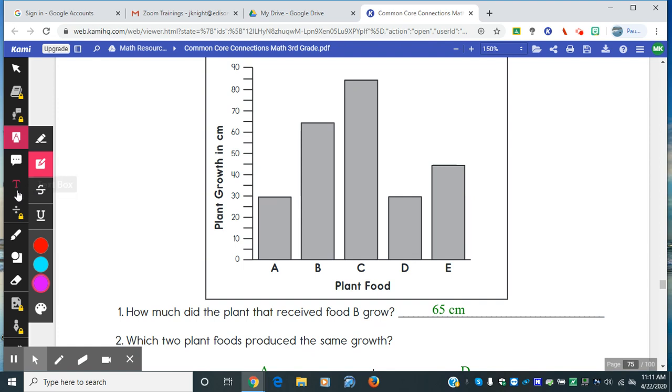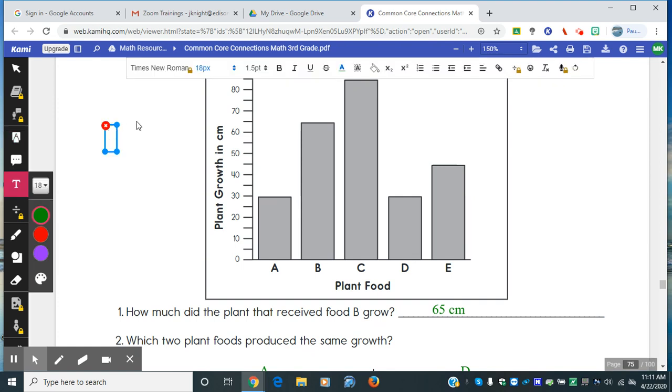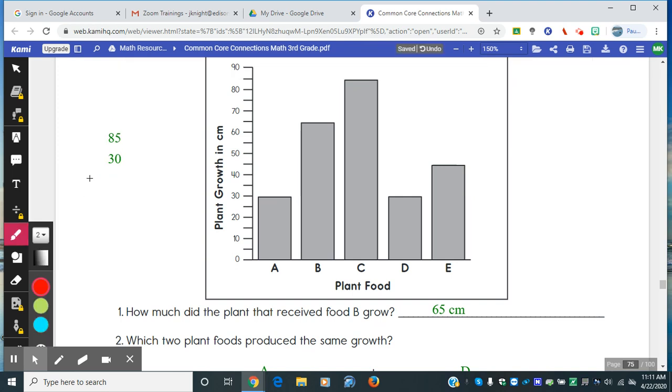So what I need to do is set myself up a subtraction problem, starting with the biggest number on top. The C bar goes all the way up to 85, and the A bar goes to 30, and I need to take those two numbers and subtract them, because when you're asked how much more, how much less, how many more, how many fewer, these are trying to find the difference between two numbers, and finding the difference between two numbers means you're subtracting.